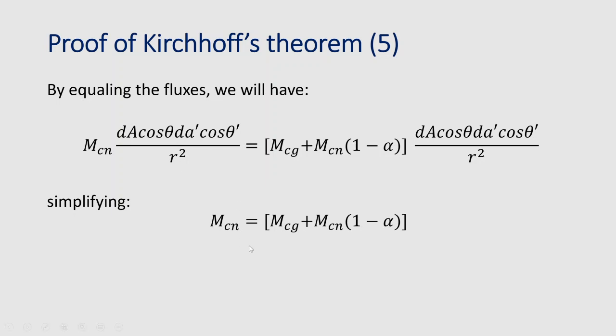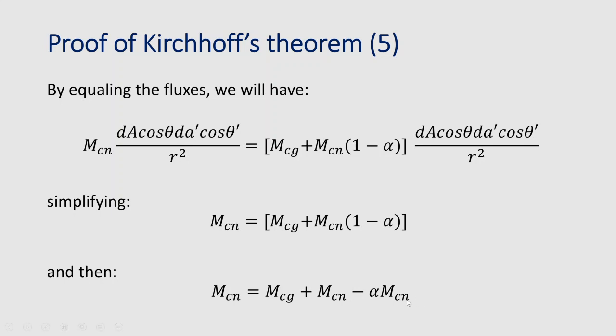So, simplifying, we will have this quantity here. And if we calculate, we will have that the excitance of the black body is equal to the excitance of the gray body plus the excitance of the black body times 1 minus alpha, where alpha is the absorption coefficient.